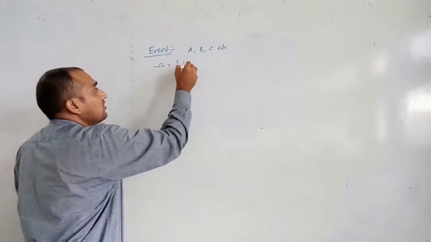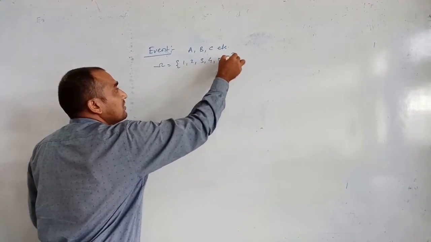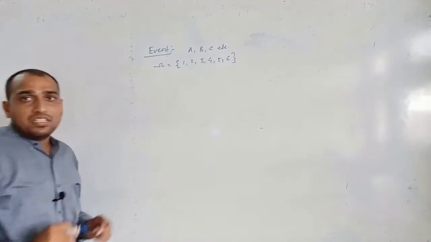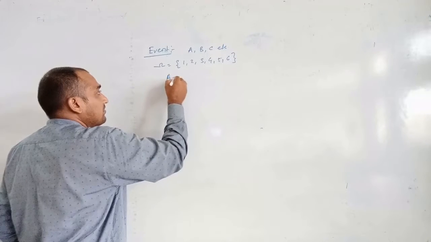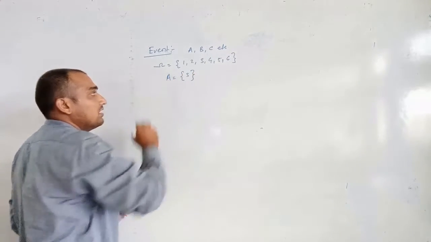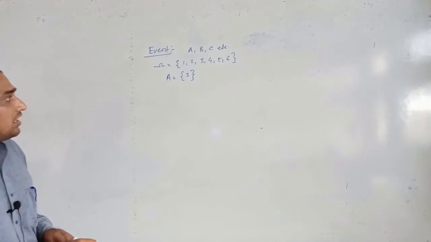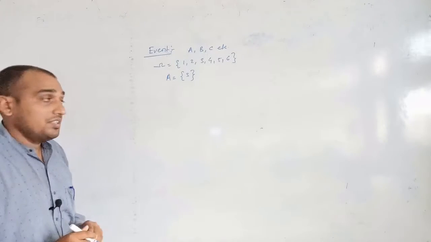The elements 1, 2, 3, 4, 5 and 6. This is my sample space. If I write the event A which contains only one element, is A a subset of omega? Yes. So this is my event A.